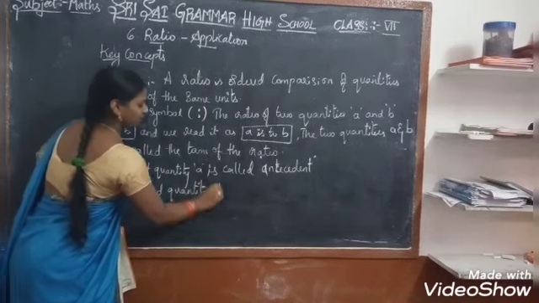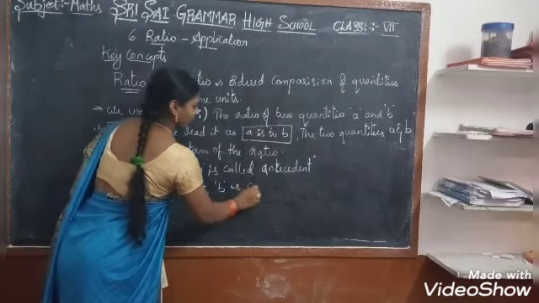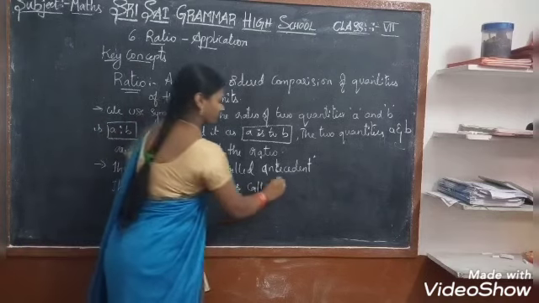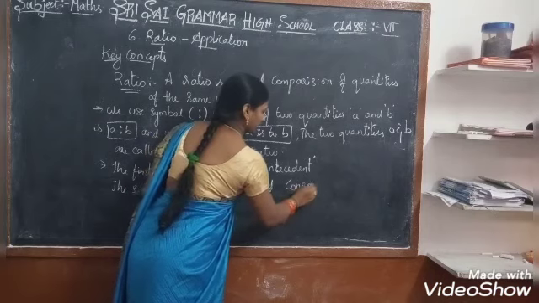The second quantity B is called the consequent.